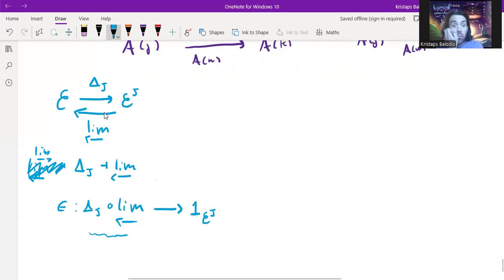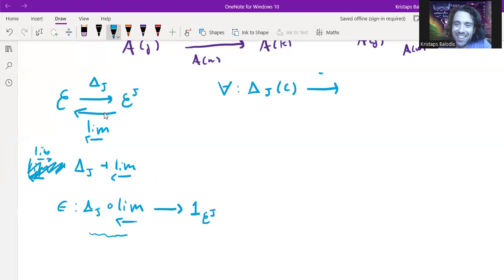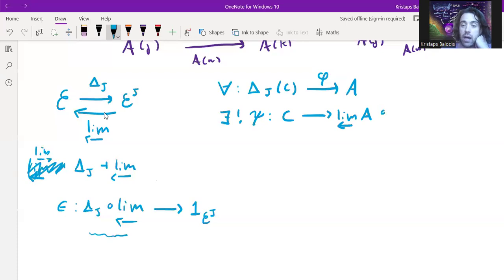Moreover, not only is all of that stuff true, but I need it to be the case that for all maps from delta J at some C into A, which, by the way, is a map of functors, so that's a natural transformation, there exists a unique psi going from the object C into the limit of A, such that what?